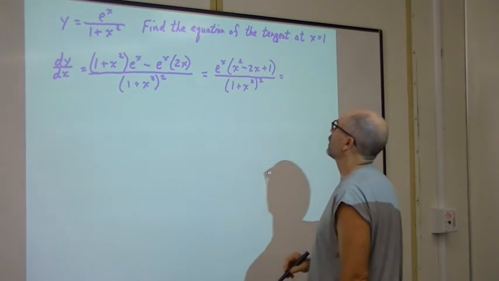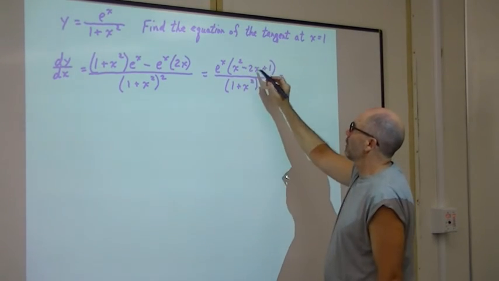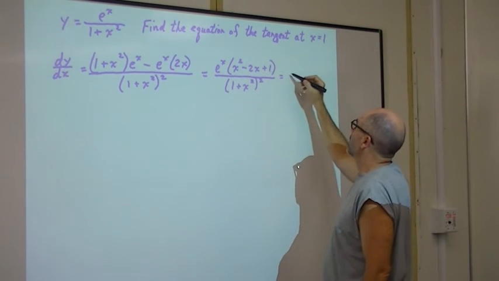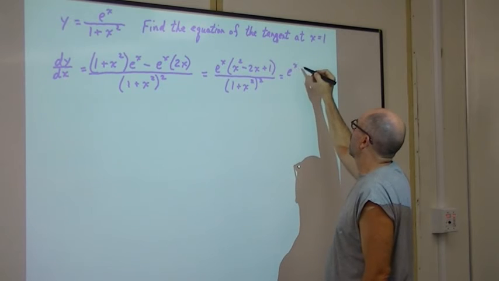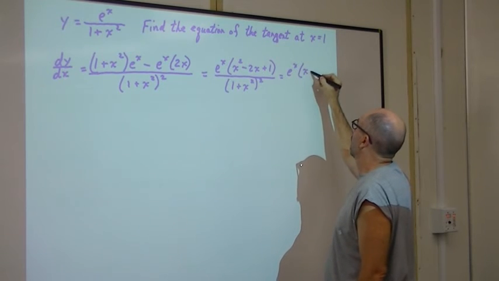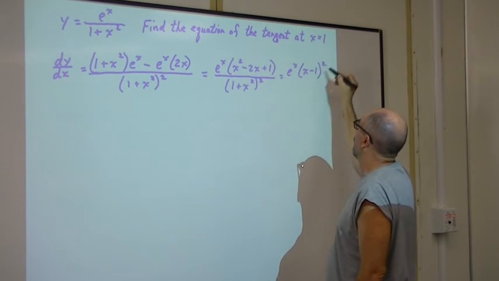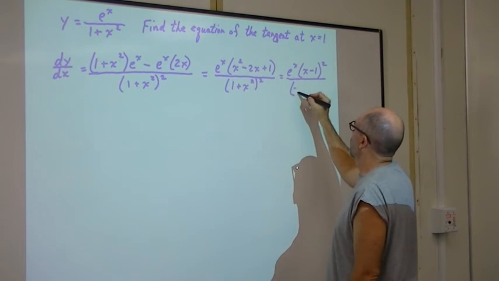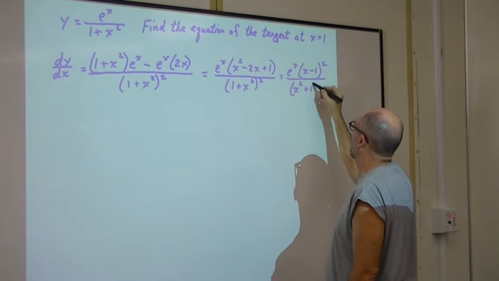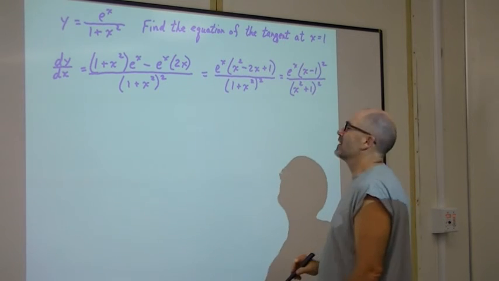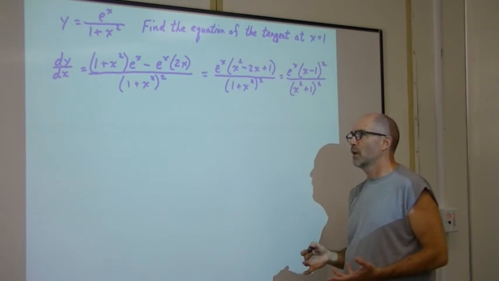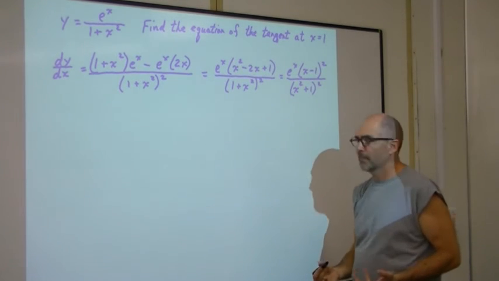And let's go one more step. X squared minus 2x plus 1, we can factor that into x minus 1 quantity squared. And let's make this x squared plus 1 quantity squared, just because I like having the x first, which for some reason our textbook likes the opposite.